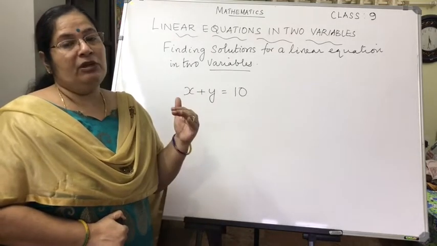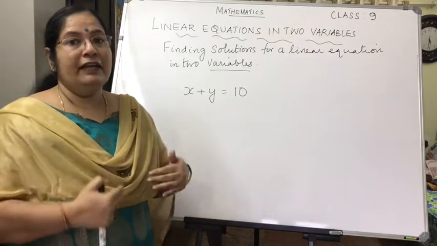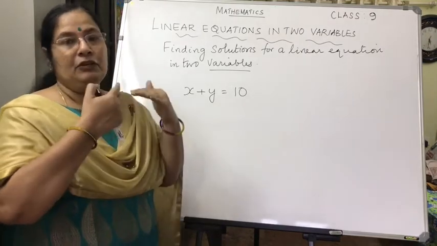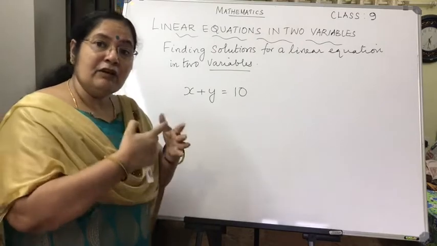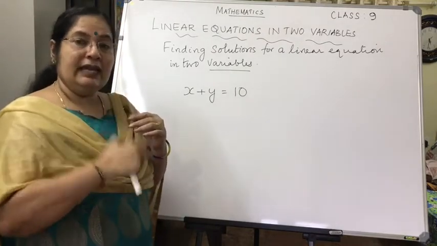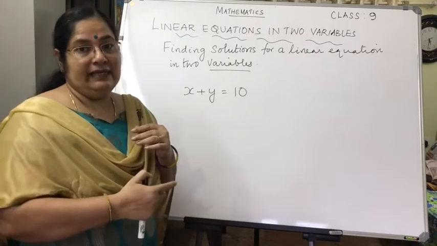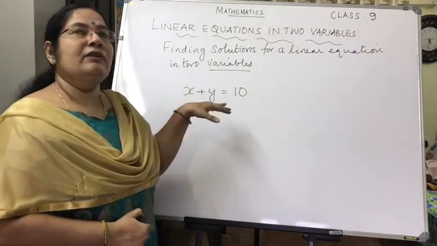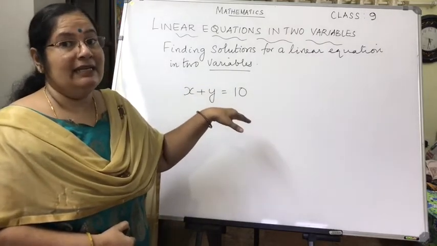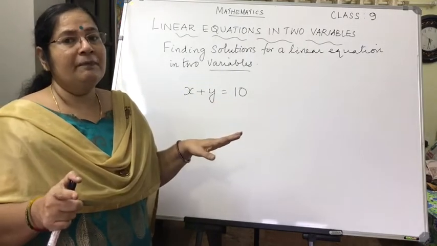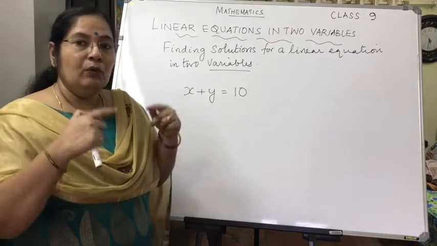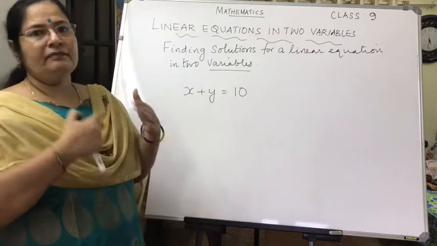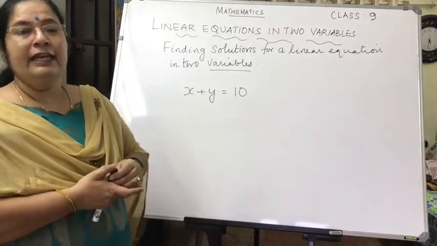That is, from the equation always try to find a relation between the variables, so that your calculation will become easier. Please don't go for directly finding out x is so much plus y is so much, so when will you get 10? No. Please don't go for that way. Always write one variable in terms of the other. Then it will be easy for us to do the calculations.